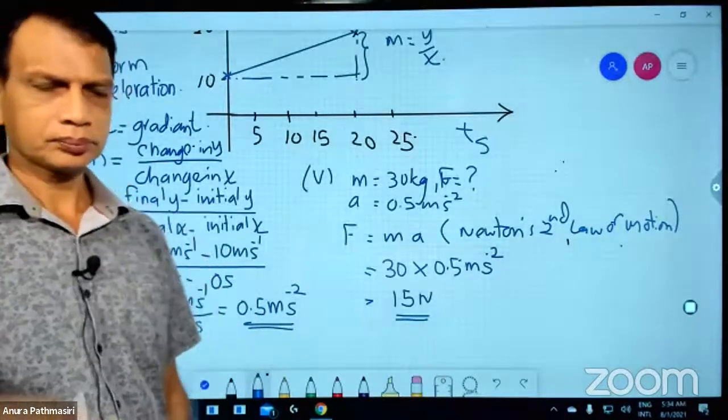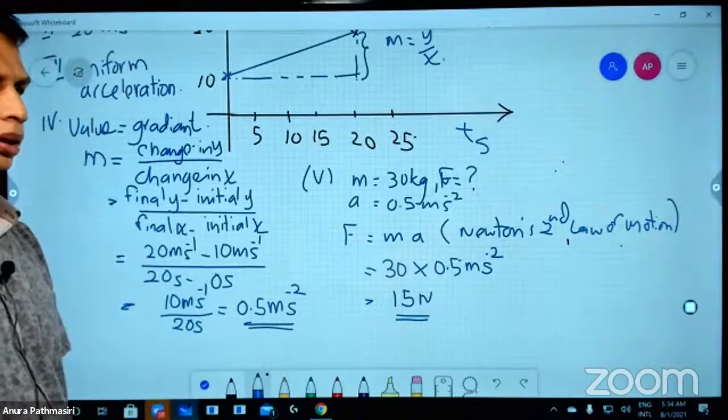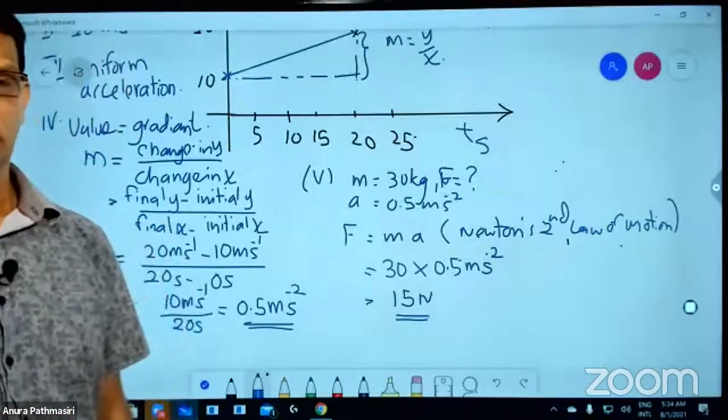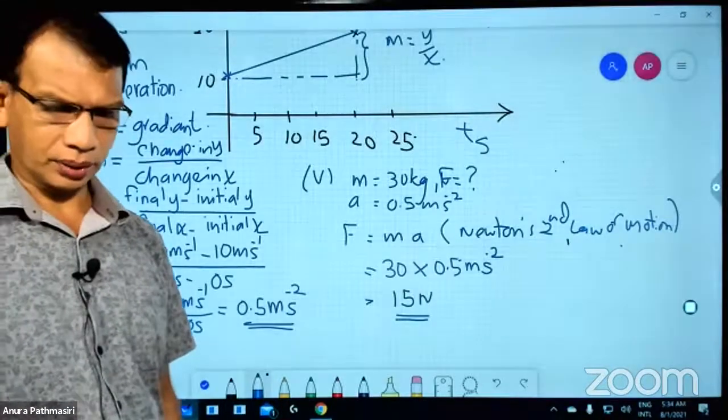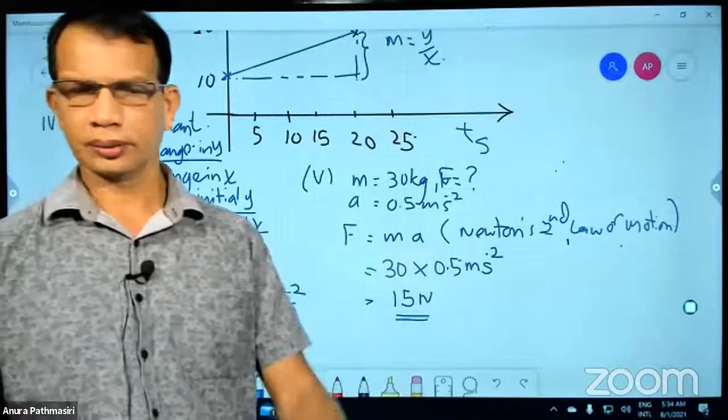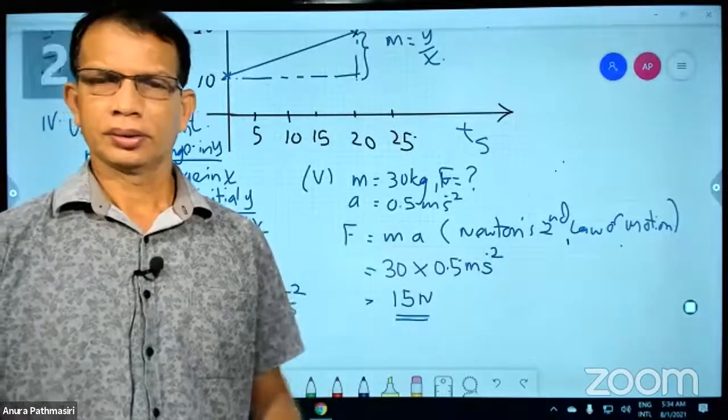Okay. We can go to another question. Right. This is my next question, based on velocity time graphs, the graphical representation, second unit.